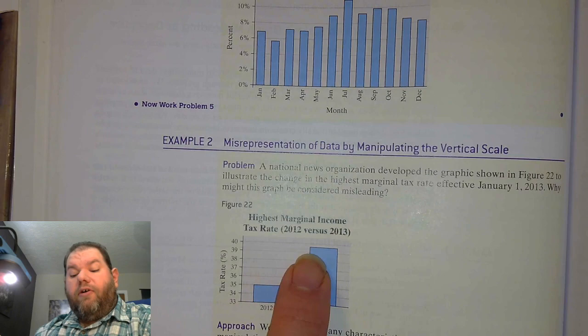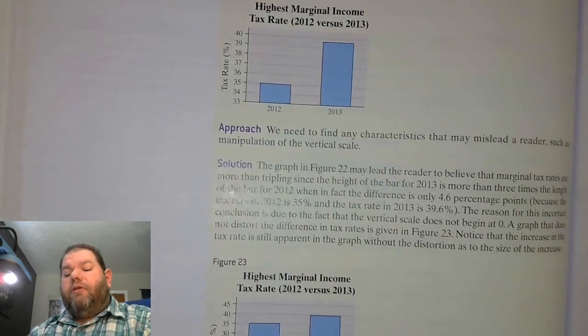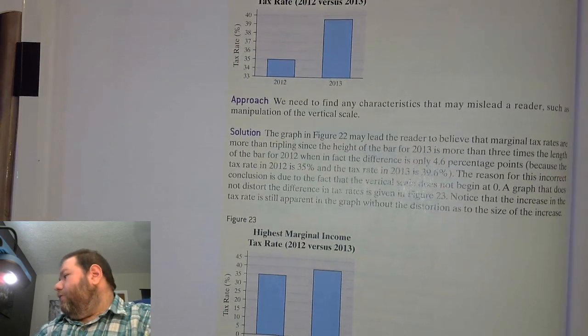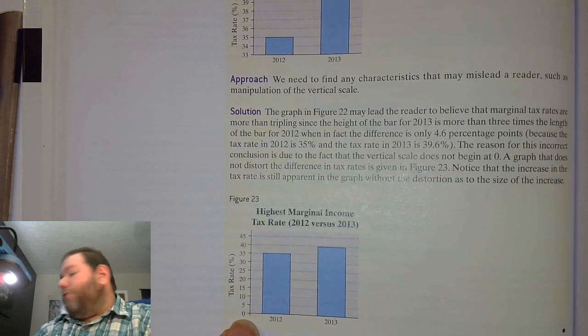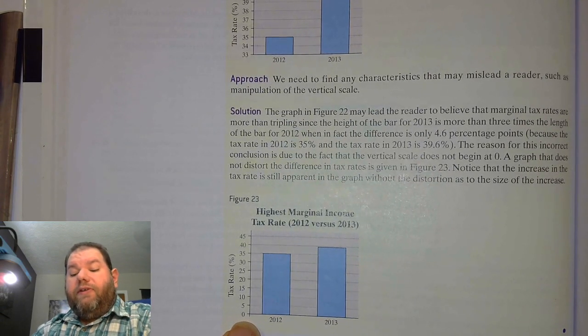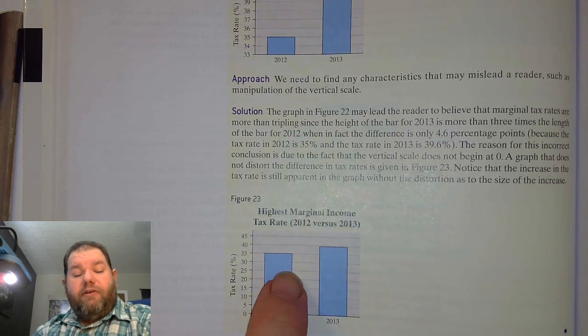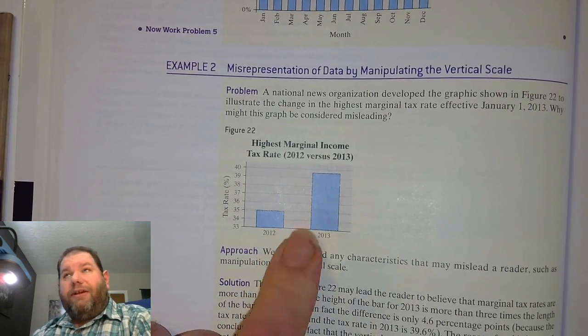This is almost 40%, basically. And so, looking down here where we properly start at 0, oh, sorry, you can't quite see that. Where we properly start at 0, we see that the bars are actually much closer together, and there hasn't been as big of an increase as was being tried to present here.